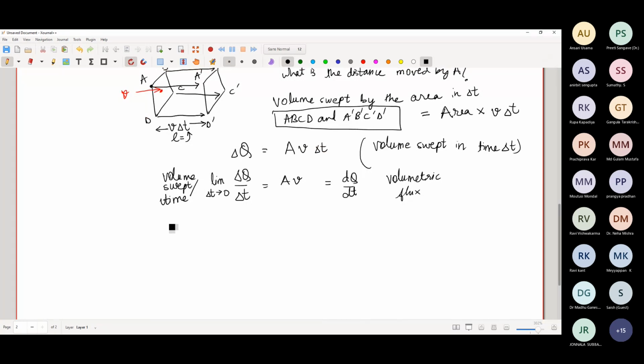So now if someone asks what is the mass swept, what is the mass flux?